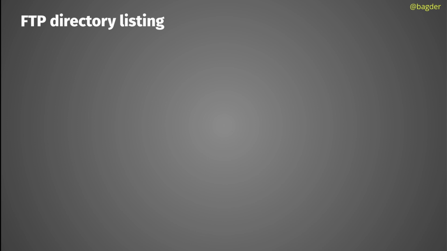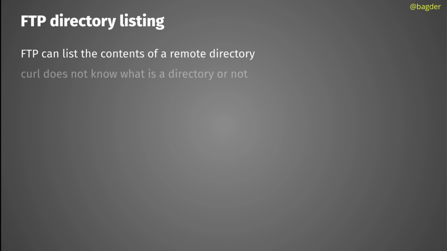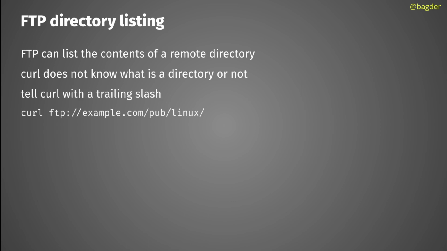Typically, if you want to upload with FTP, you have to log in first. And you can do directory listings with FTP, and then you just add a trailing slash, because curl doesn't really know what is a directory and what's a file name. If you add that trailing slash, like this, there's a trailing slash here, it means that it's a directory, so curl will make a directory listing out of this.